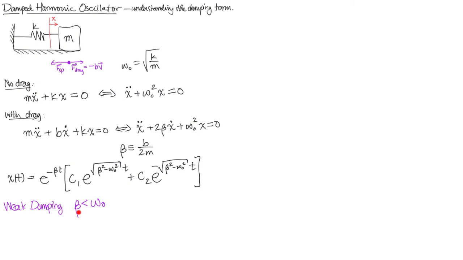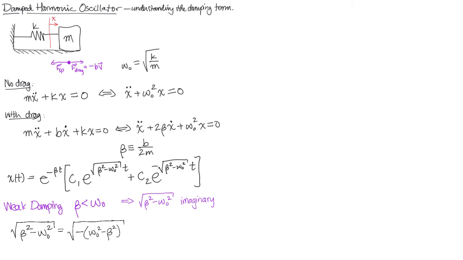So we're going to consider weak damping, in which the argument of the square root is negative, so we'll have a complex exponential, and we'll see that that leads to oscillations with a decay envelope. Specifically, we can write this term, the square root of beta squared minus omega naught squared, as the square root of minus (omega naught squared minus beta squared).